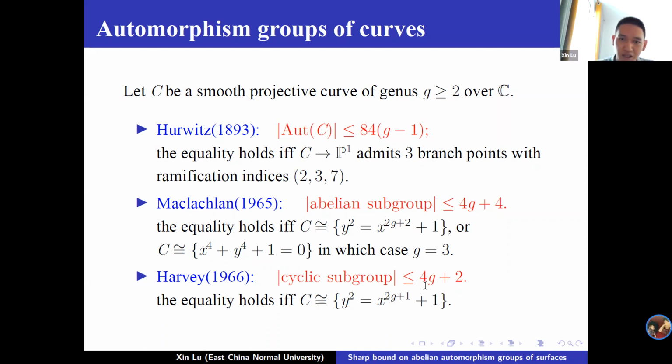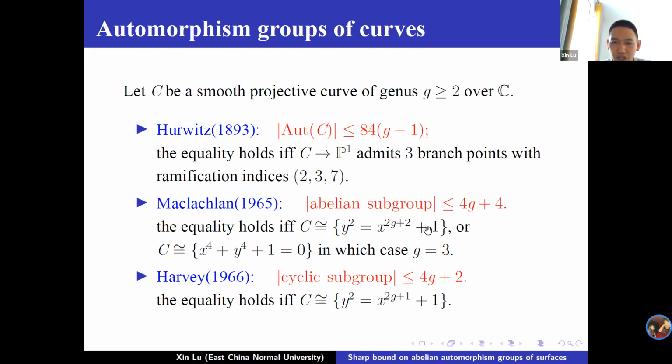Here I should emphasize the second case. I mean, the general case is that the curve reaching the upper bound is a hyperelliptic curve. Here, the genus g can be arbitrary. But when g is small, that is when g is equal to 3, there are 2 types of curves which attain the maximum order.